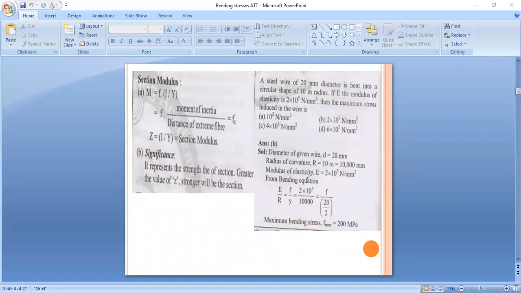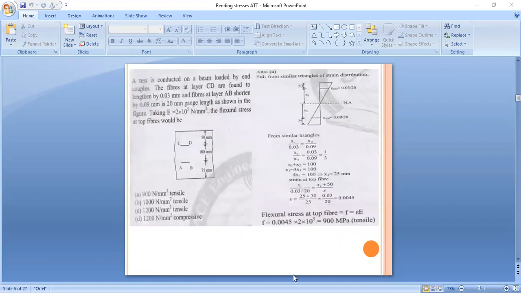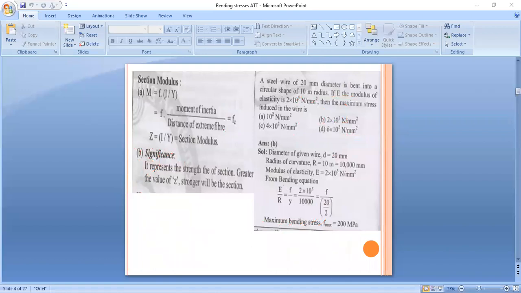Then next. Now this is our example number 1. No, this is I think second example. Here example 1 is given. A steel wire of 20 mm diameter is bent into a circular shape of 10 meter radius.